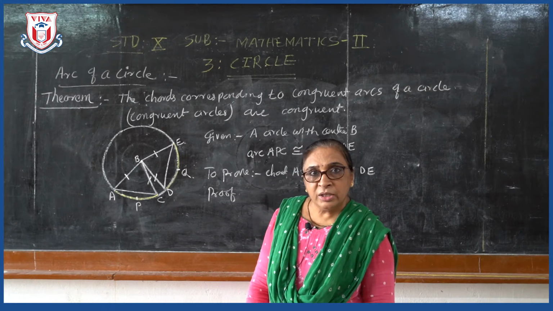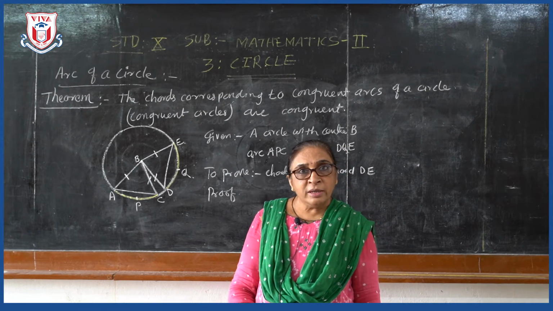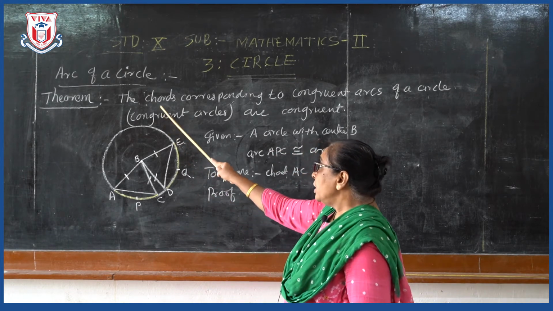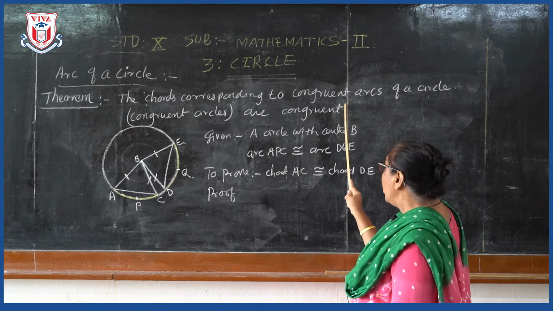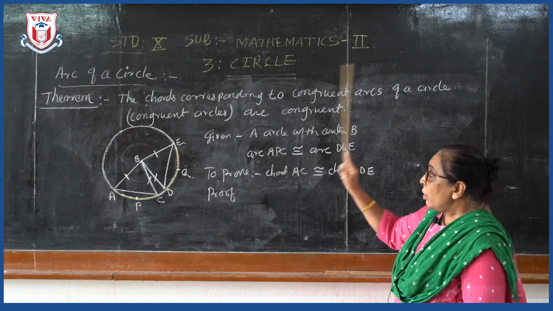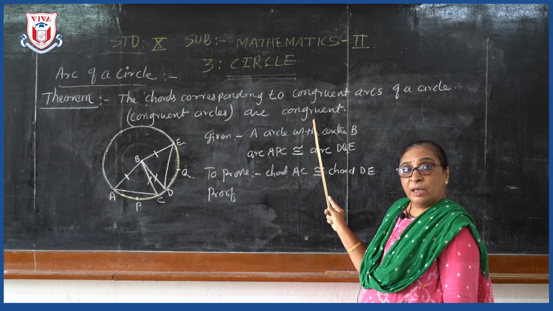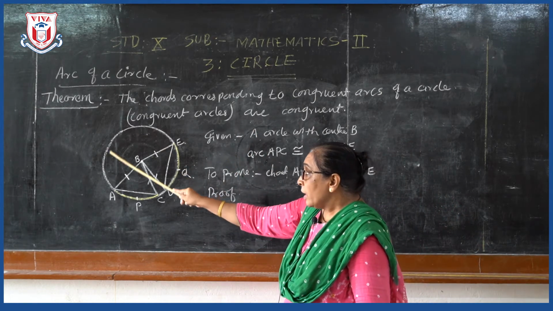Next is the theorem which is related to the arcs and their corresponding chords. The theorem states that the chords corresponding to the congruent arcs of a circle or congruent circles are congruent. How can we write the given and to prove?